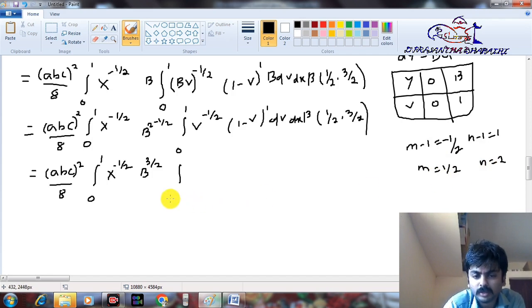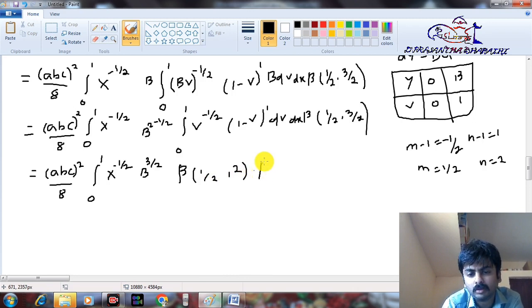So we are having integral 0 to 1 beta of 1 by 2 comma 2 into beta of 1 by 2 comma 3 by 2, and these two are constants, and here we will have dx. Okay, finally it will be here, but I am writing dx here.